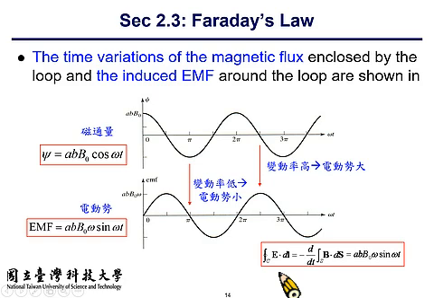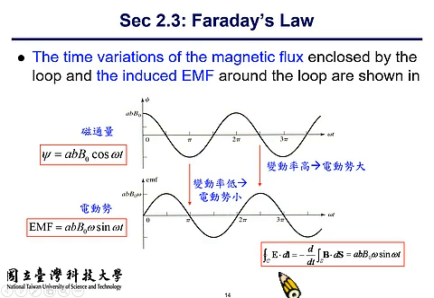As you can see here, in the zero crossing area, you have the greatest rate of change. Here is one that goes from a positive value to a negative value, and because of the minus sign, according to Lenz's law, it gives you the maximum in the EMF. On the other hand, at this zero crossing, which goes from negative to positive, it produces the largest negative EMF, because of Lenz's law.